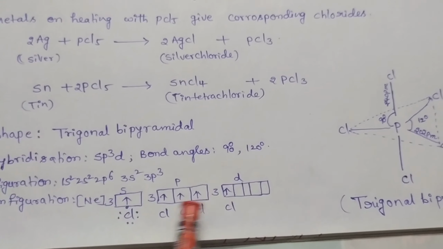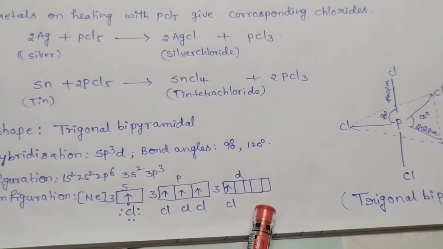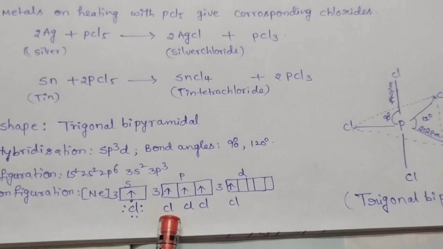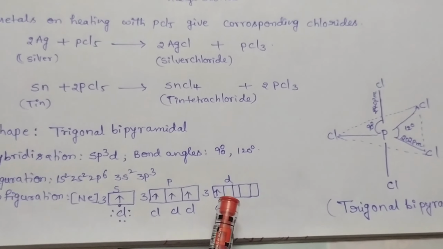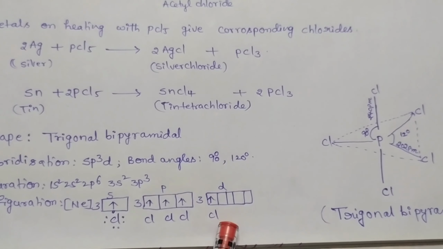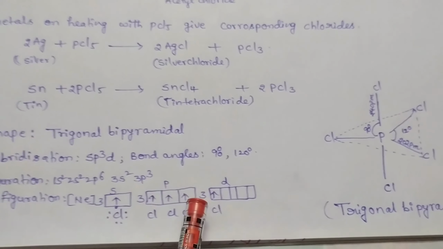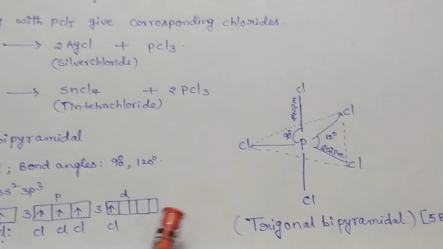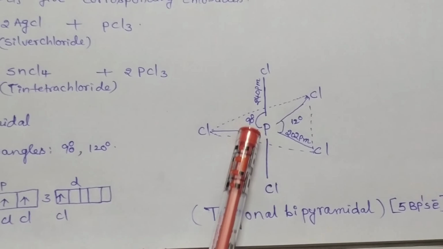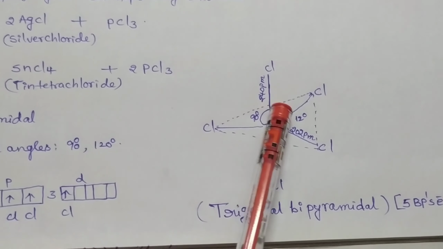Now these 5 single valence electrons react with 5 different chlorine atoms to form the PCl5 structure, in order to get an octet configuration for both phosphorus and chlorine. When we observe the structure, phosphorus is the central atom.